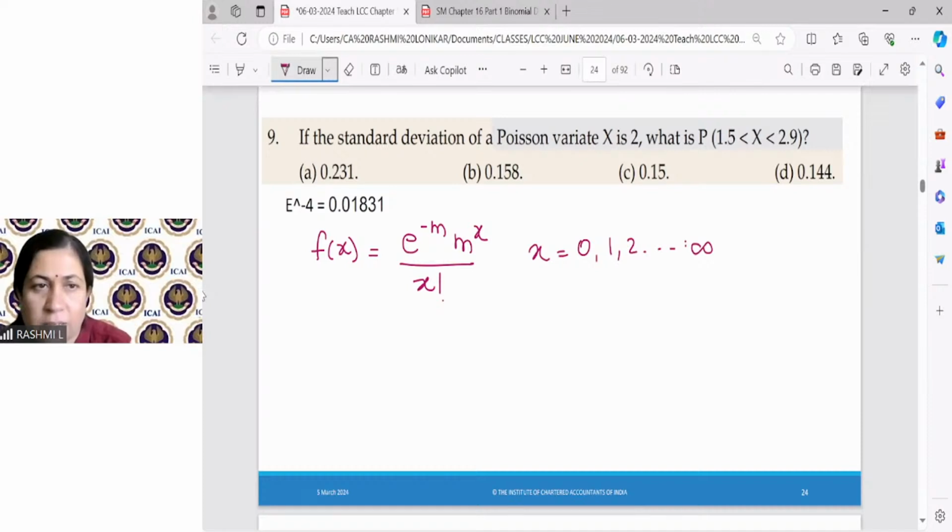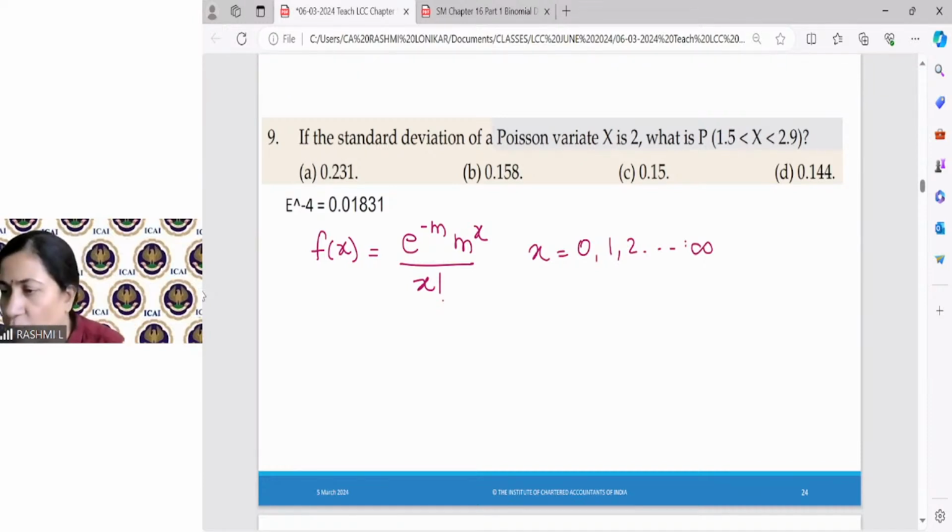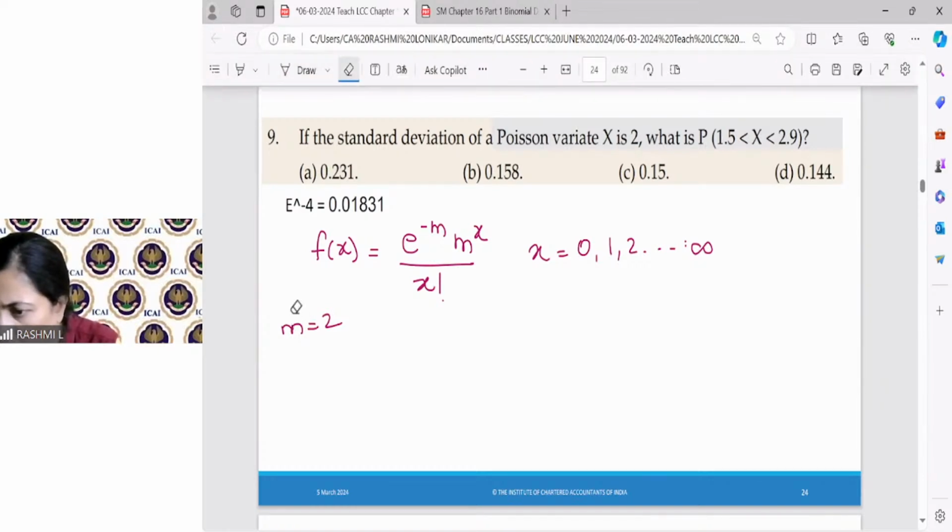Now what happens is, if the standard deviation of the Poisson variate is 2, okay, so what do I have? Standard deviation is given to be 2. And variance is what?